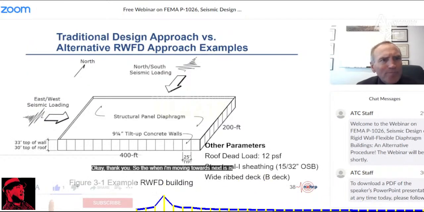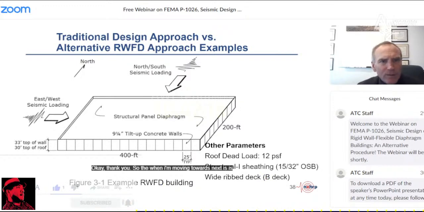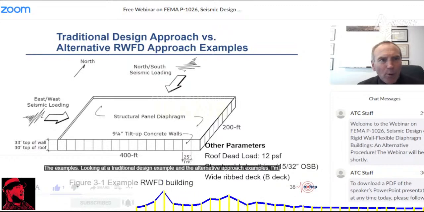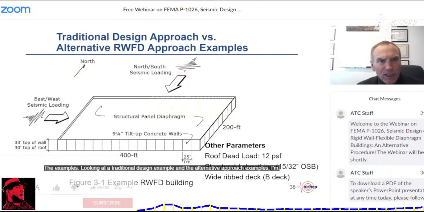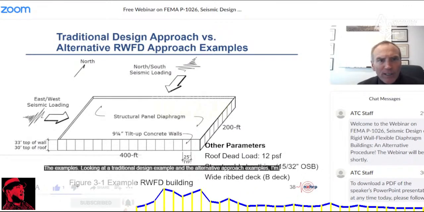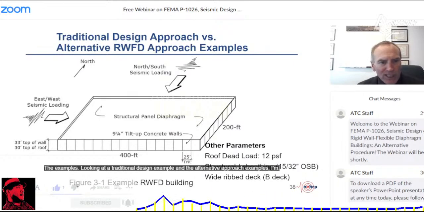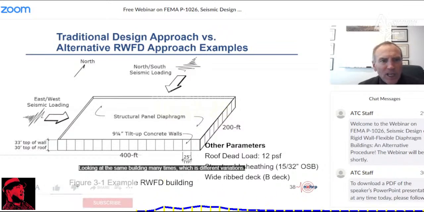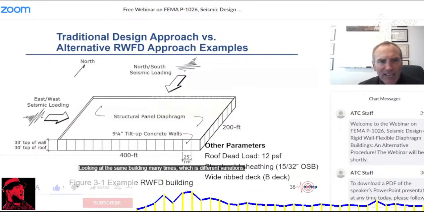So what I'm moving towards next is the examples, looking at a traditional design example and the alternative approach examples. I'm looking at the same building many times, with different variations.